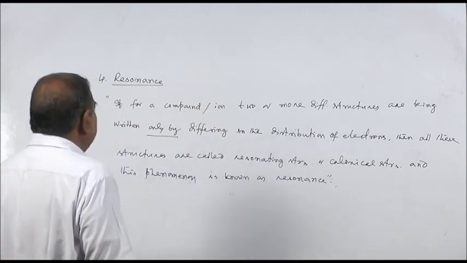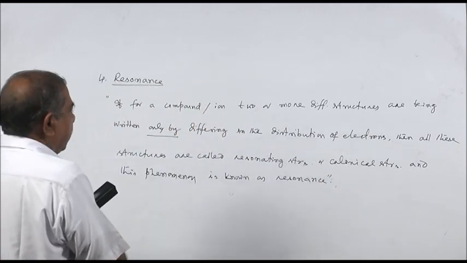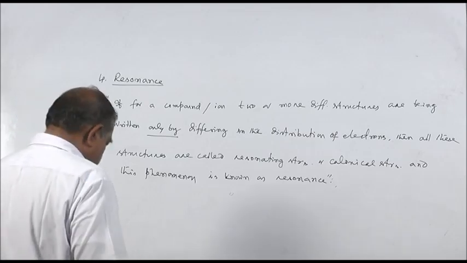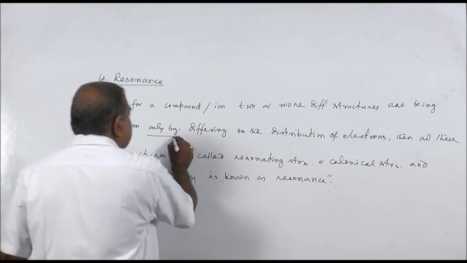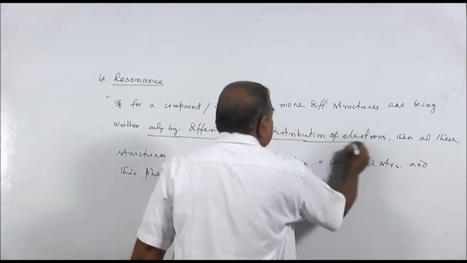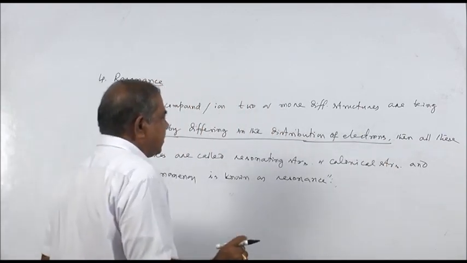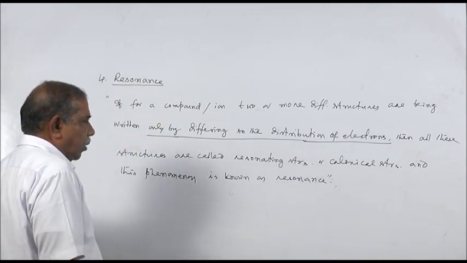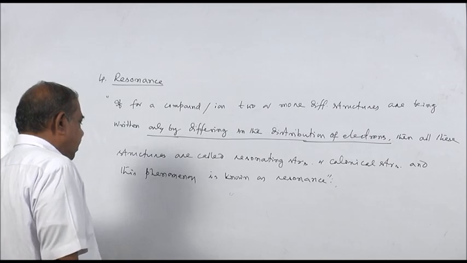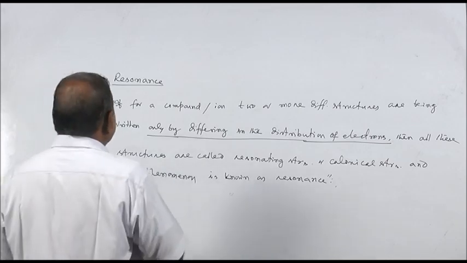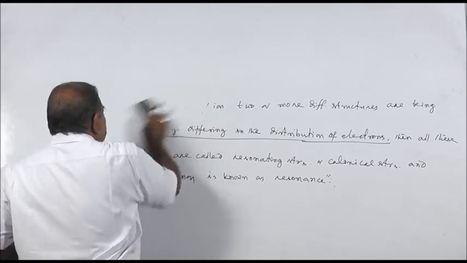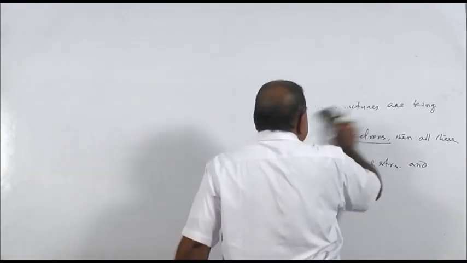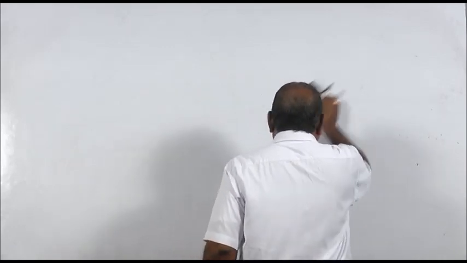So what I have written: if for a compound or for an ion, two or more different structures are being written only by differing in the distribution of electrons, and the atomic skeleton does not change, then all these structures are called resonating structures or canonical structures, and this phenomenon is called resonance. I am giving a few examples to illustrate the resonating structures of different compounds.